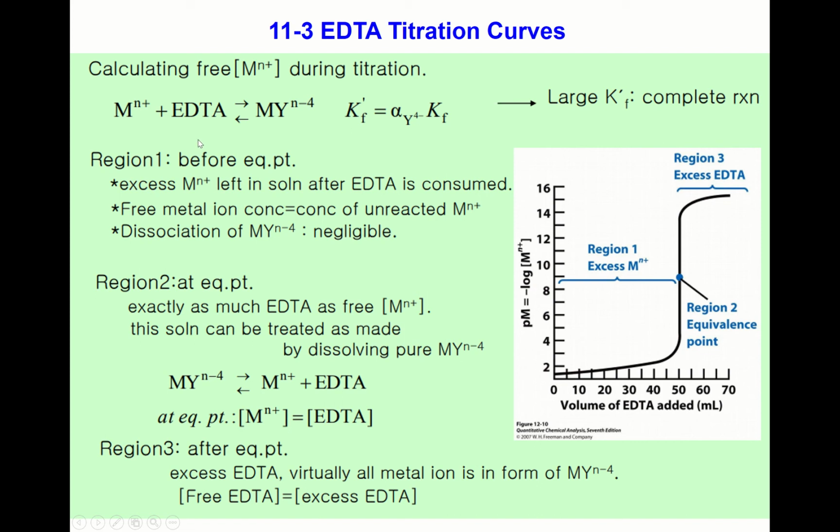As I said, from now on, since we are working at a constant pH, we use the conditional formation constant for the complex that metal ions and EDTA make, and we use Kf prime. Region 1 is before the equivalence point. In this region, excess metal ions still exist because not enough EDTA is added.